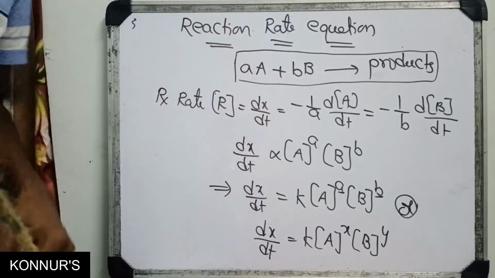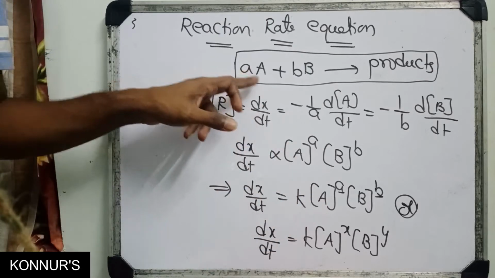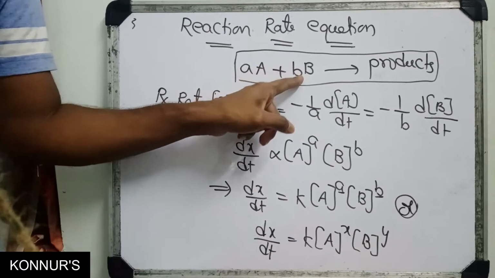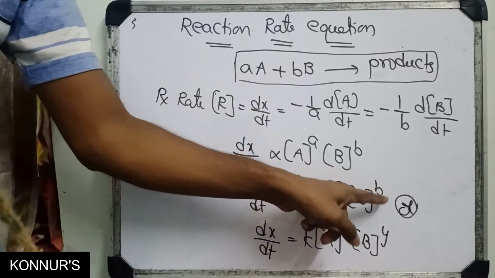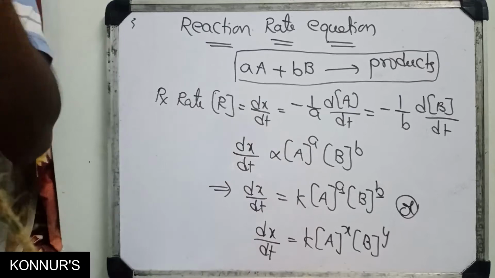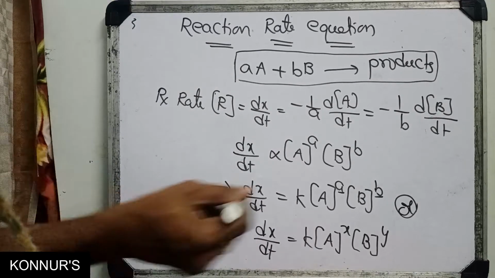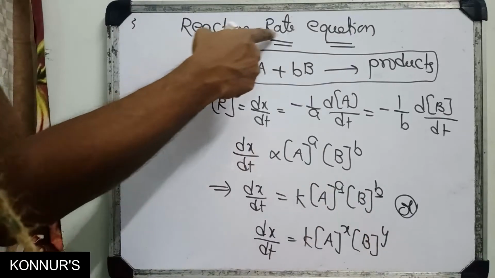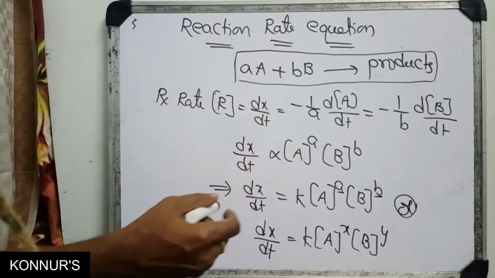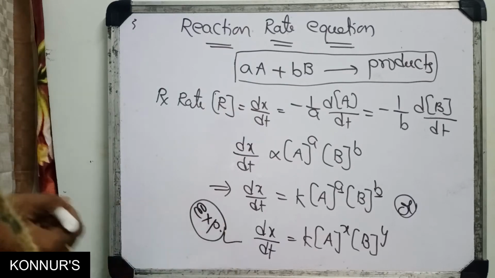In the experimental data, they observed that the powers do not only come from the balanced equation coefficients; they may be equal or may not be equal. We will discuss one best example. Based on this, the reaction rate equation compulsorily depends on experimental data only.